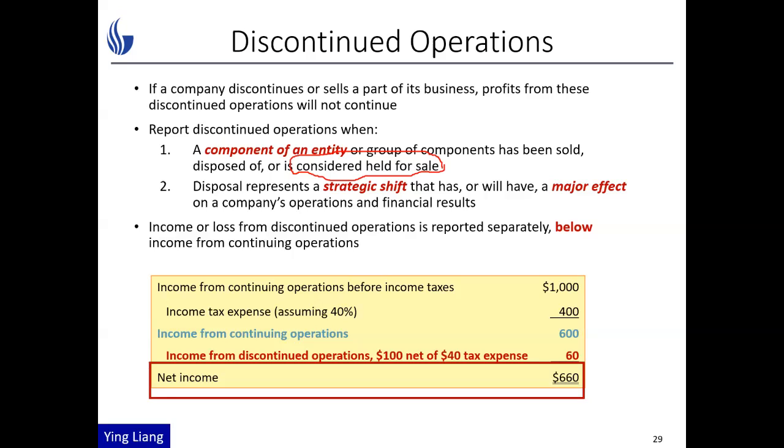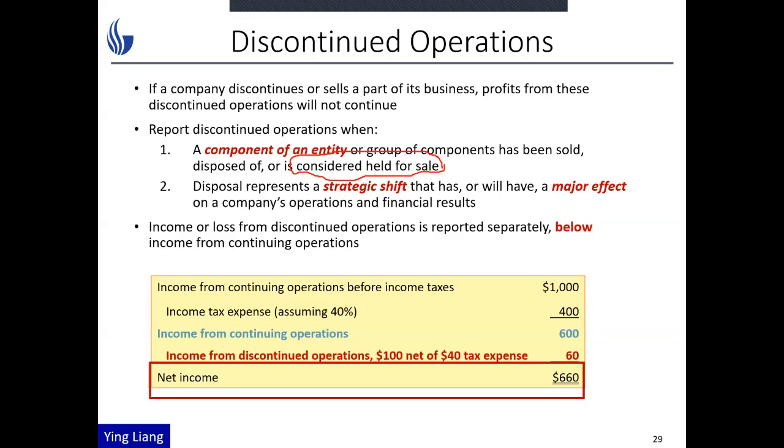And then we use the 600 from the blue, the continuing operations, plus the 60 from discontinued operations, which equals 660. Now, all else the same, investors should not expect next year's net income to be $660, right? Because only the $600 of profits from this year is going to be part of the continuing operations.